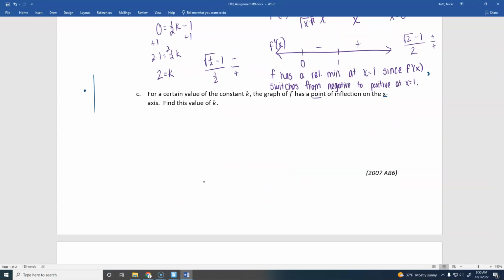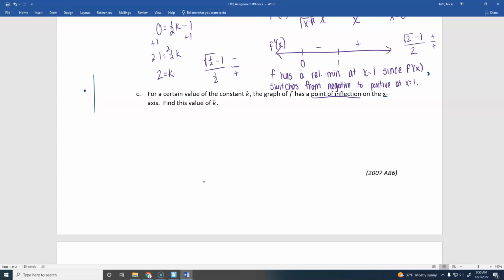So, point of inflection. When we're looking at a point of inflection, what has to be true at our point of inflection? We're going from concave up to concave down, which means the second derivative changes from positive to negative or vice versa, right?